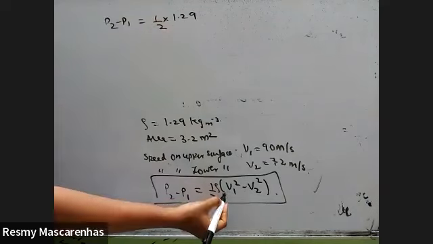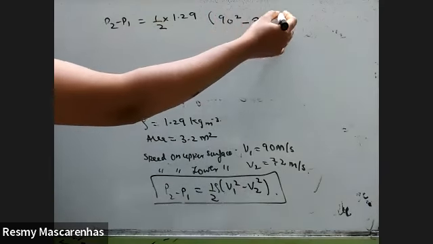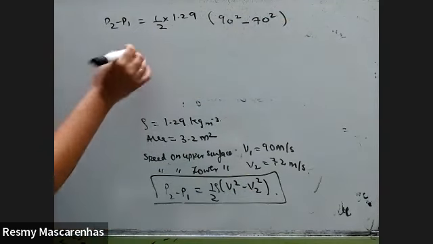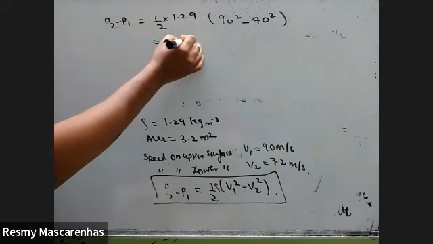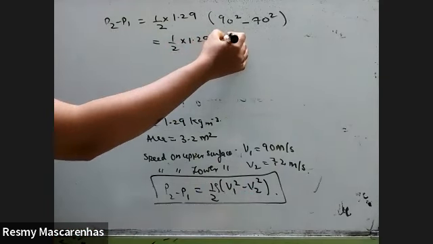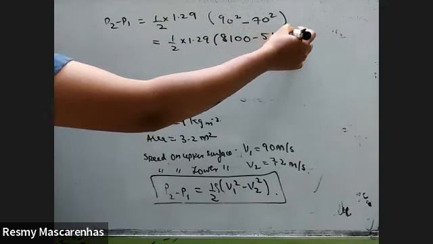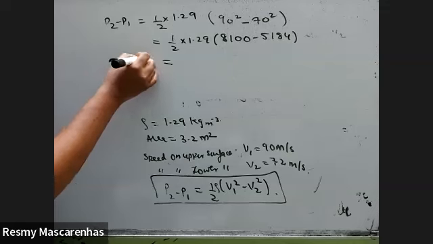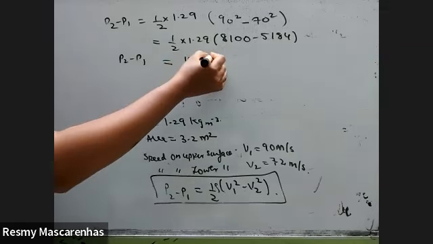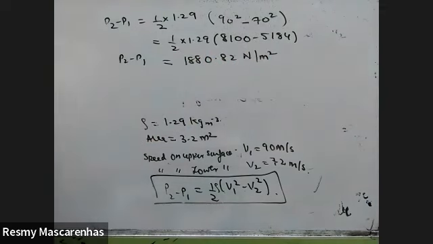Then V1 is given as 90 square, minus V2 square. So this will be 1.29 into, 90 square will be 8100, and this will be 5184. Calculate P2 minus P1. Approximately you'll get 1880 after calculation.